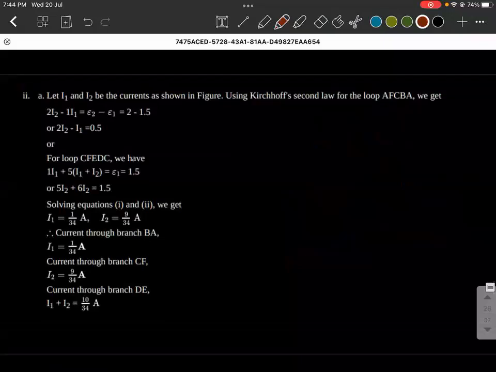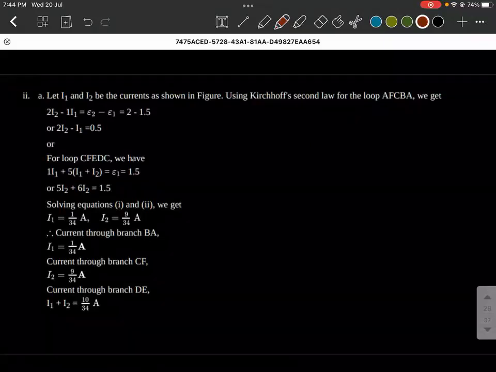1.5 by 6. I don't know, the answers are given in terms of fractions.